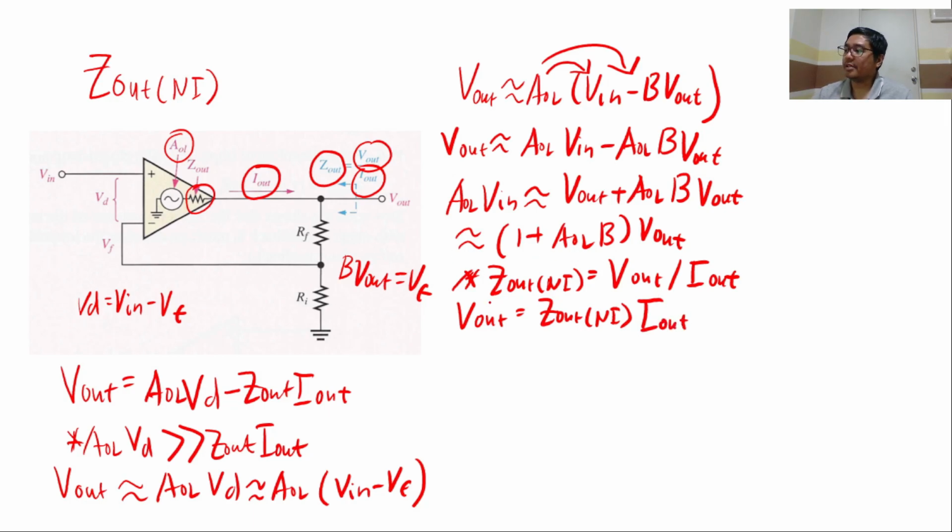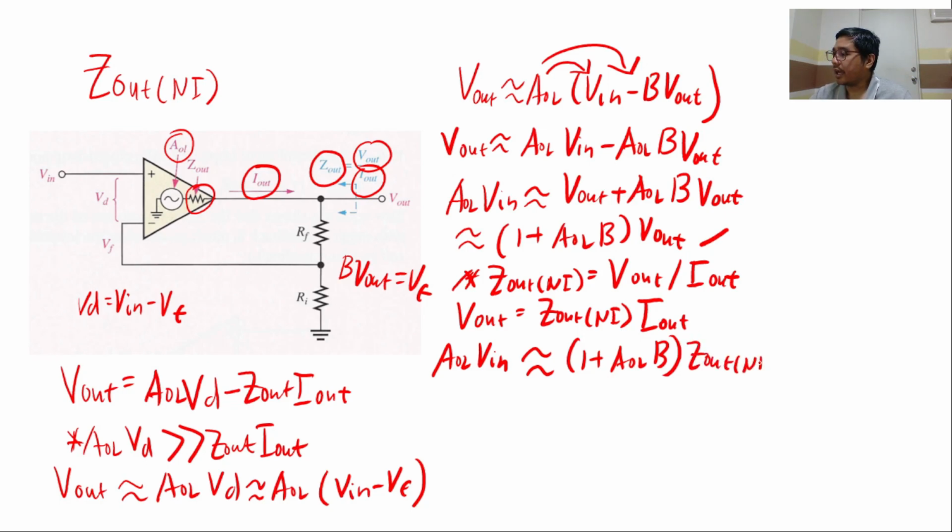We can replace Vout in this equation. We have AOL Vin is approximately equal to 1 plus AOL times B times Zout of the non-inverting amplifier times Iout.